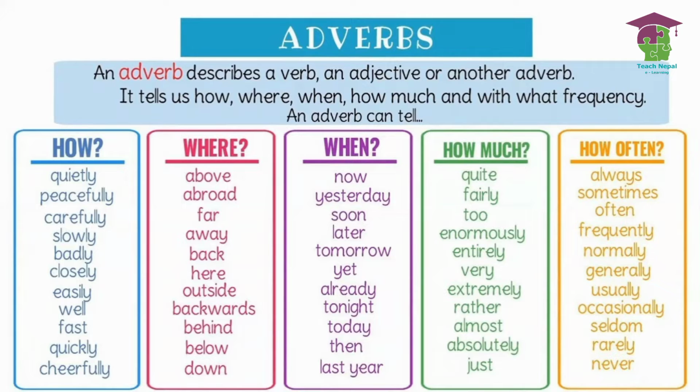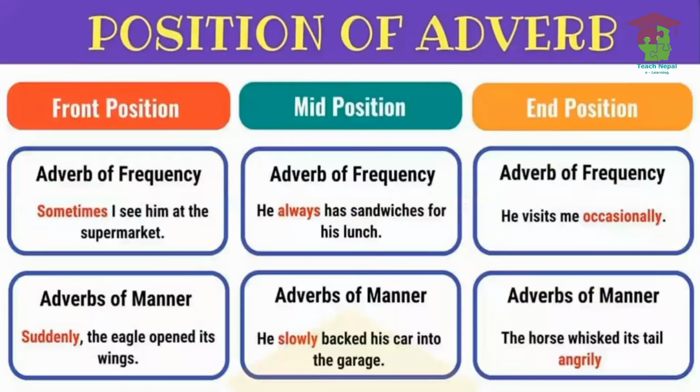How often: always, sometimes, often, frequently, normally, generally. In this way, these are some of the adverbs for manner, place, frequency, and certainty. For these things, we can use adverbs.